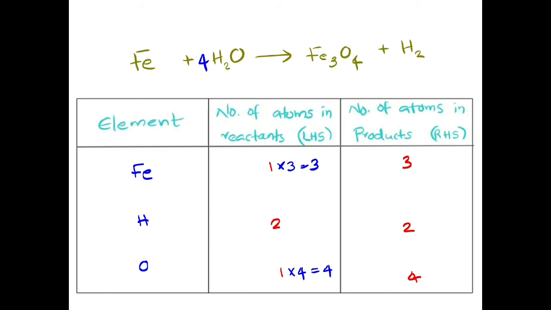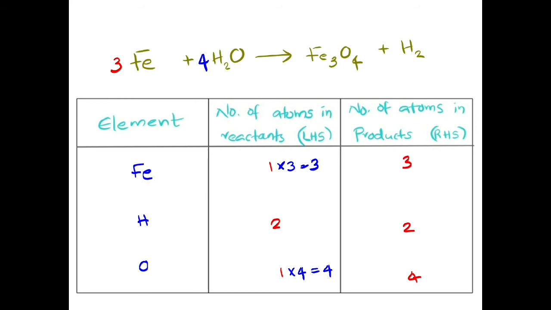So you have to write 3 in front of the element here on the reactant side. When you look at the chemical equation now, let's see if it's all balanced.